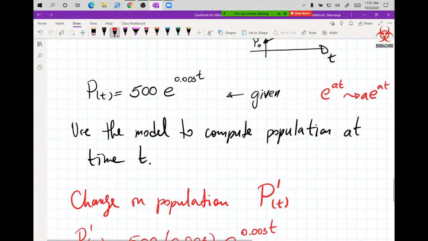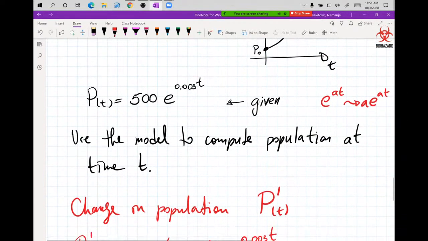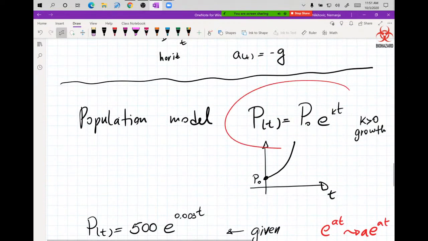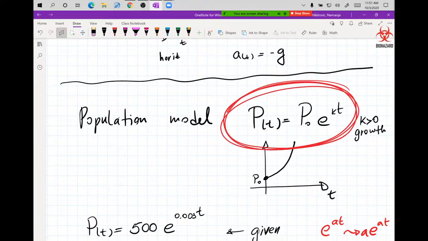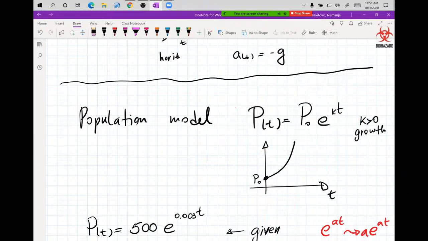And you will see in that course, as well as in Calc 2, how you come up with this formula over here, starting at the sentence, the change in population is proportional to population, which makes sense. More people you have, population grows faster.